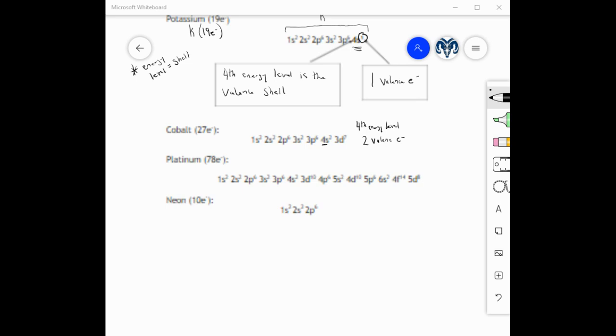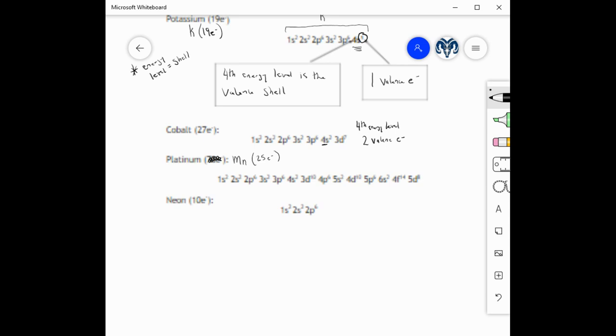So let's look at manganese. Manganese is Mn, and it's 25 electrons. What I'm going to do here is, I don't have to figure it out, I'm just going to start counting electrons. So I've got 1, 2, 3, 4, 10, 11, 12, 18, 19, 20, 30.